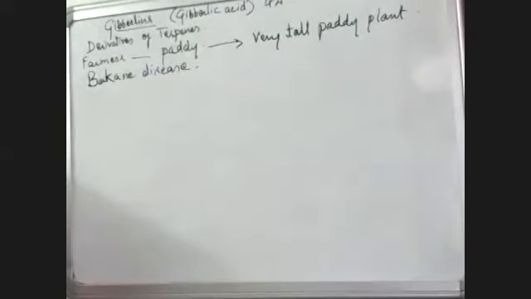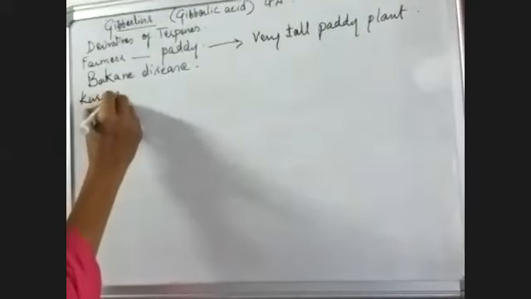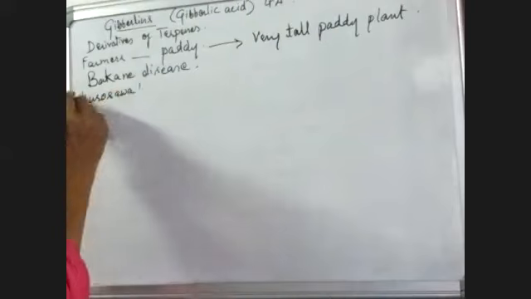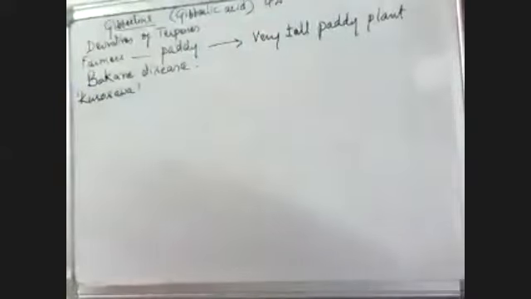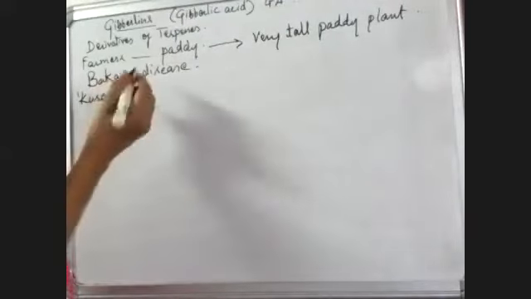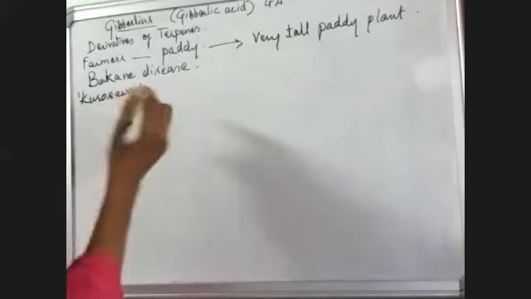Later on, a researcher named Kurosawa found that these tall paddy plants were infected by some fungus, and the name of the fungus was Gibberella.